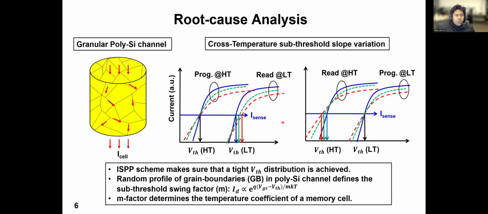So this is how the polysilicon grain boundary properties and percolative current conduction properties affect the IV characteristics of threshold swing, and the subthreshold swing factor actually determines how spread out this threshold voltage distribution would be.